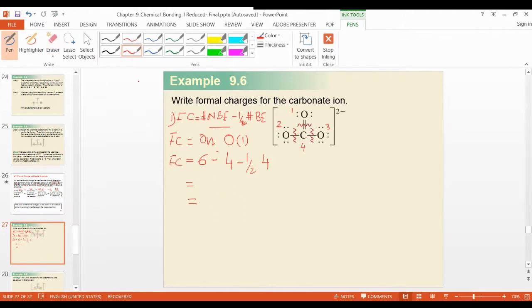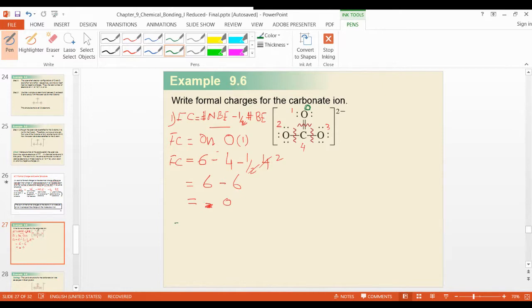So now you have this 6 minus this 2. So this is minus 2 minus 4, this is minus 6. Now you will get 0, right? Now this oxygen has 0 formal charge.